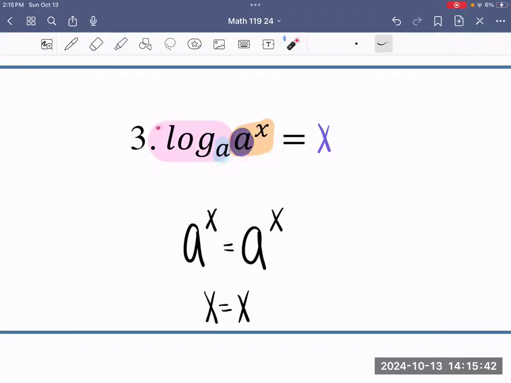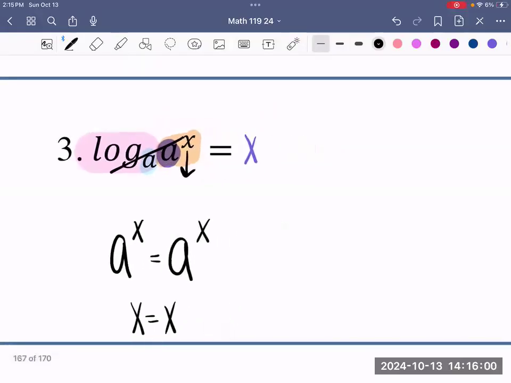So if you have one inside of another, they're going to cancel each other out, and whatever is left over in your exponential will just drop, and that'll be equal to whatever we're looking for. This is your inverse property at work.